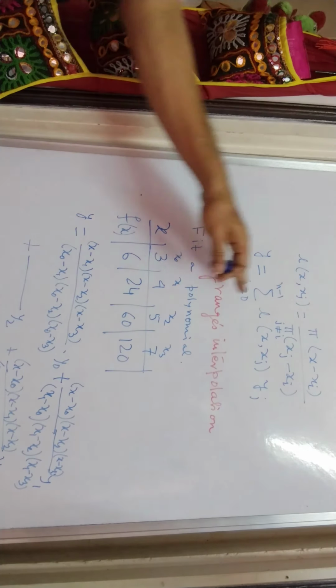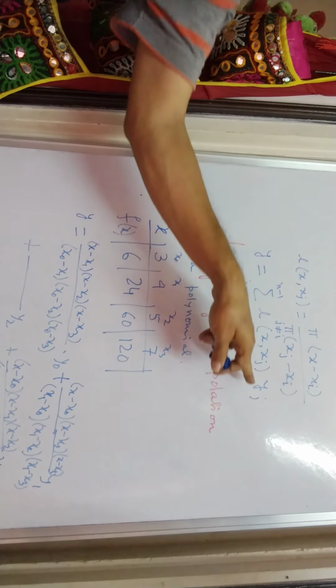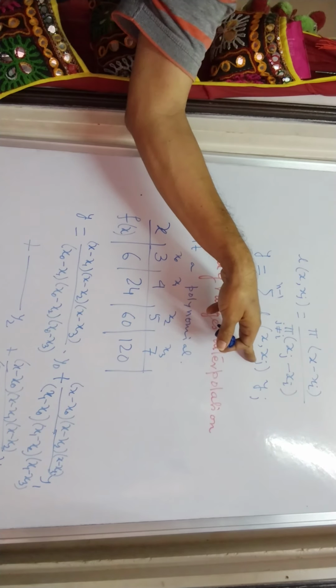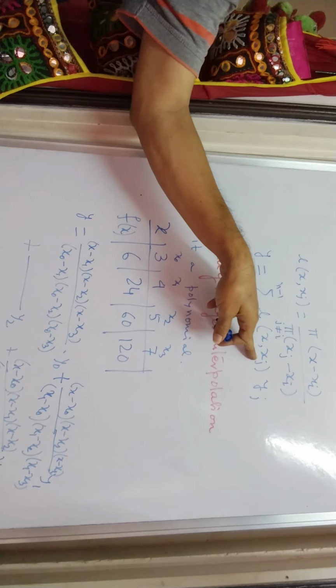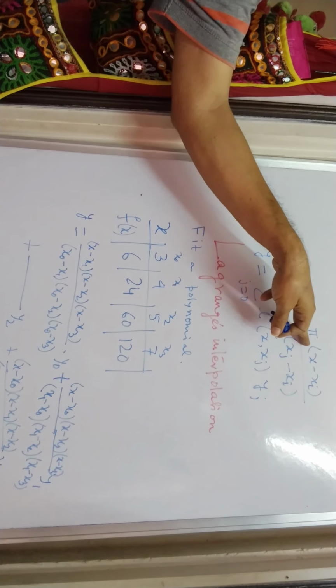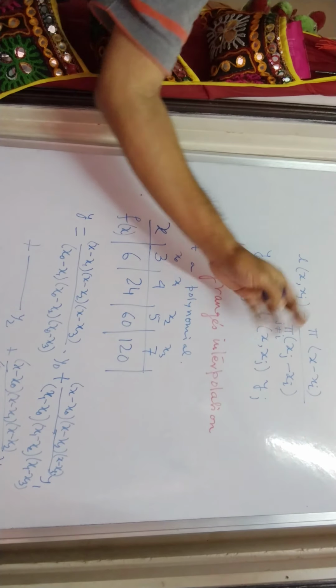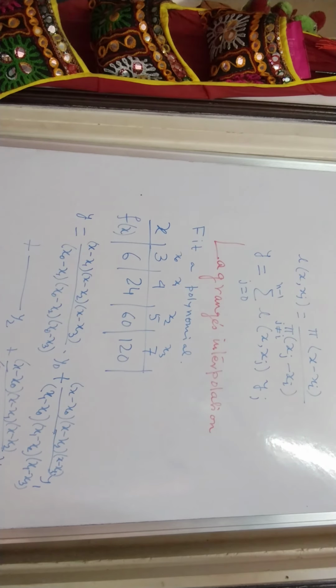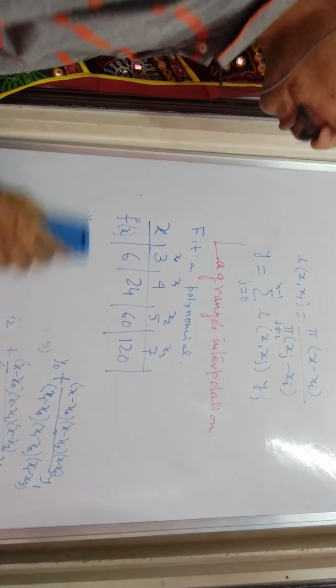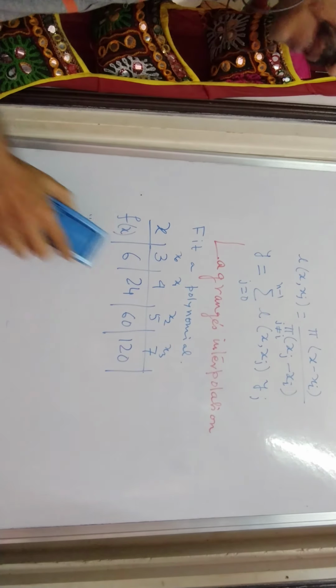Just compare this with the formula. Whenever there is yj, there is xj, and we don't have xj in the numerator, and in the denominator we have xi subtracted from xj, and j is not equal to i. If we employ this formula here, we can easily find the cubic polynomial corresponding to this table.